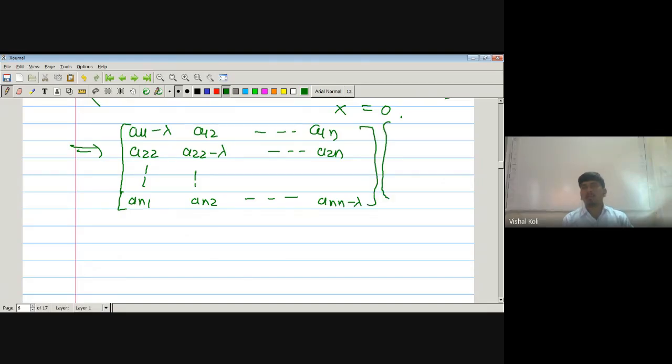X is nothing but x1, x2, up to xn, which is equal to 0, 0, 0.